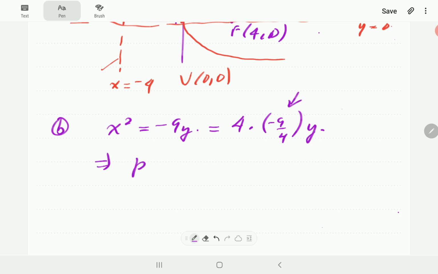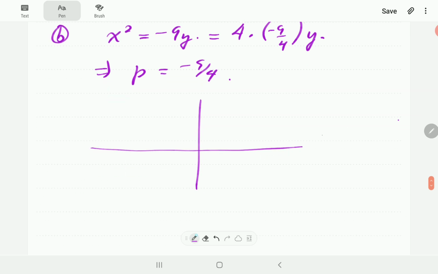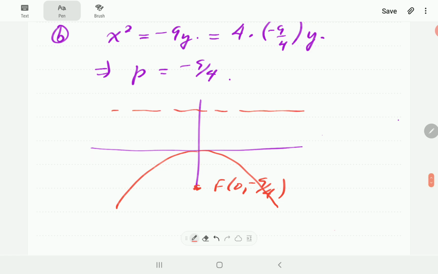This tells us p is negative 9 over 4. Since p is negative, the parabola opens downwards. The vertex is at the origin, so the focus is at (0, minus 9 over 4). The directrix is the same distance as the focus from the vertex, so it's at y equals 9 over 4.